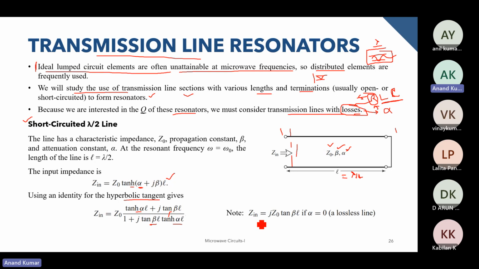Just as we discussed, if this was a lossless line, alpha was zero, and this would simplify to the expression we have been using earlier.